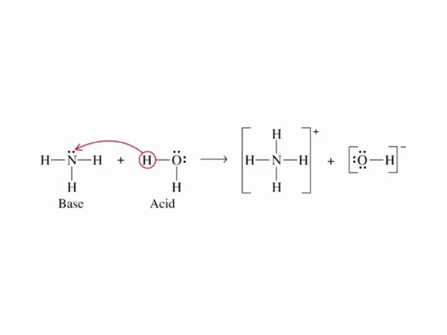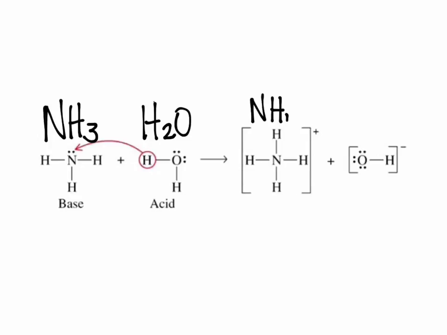Again, this one is showing water acting like an acid this time, and what we are left with. So here we have NH3 and we have H2O. So water gives up an H, and when water gives up an H, NH3 becomes NH4. It's no longer neutral. It's now a positive charge, and OH lost an H, so now it's negative.